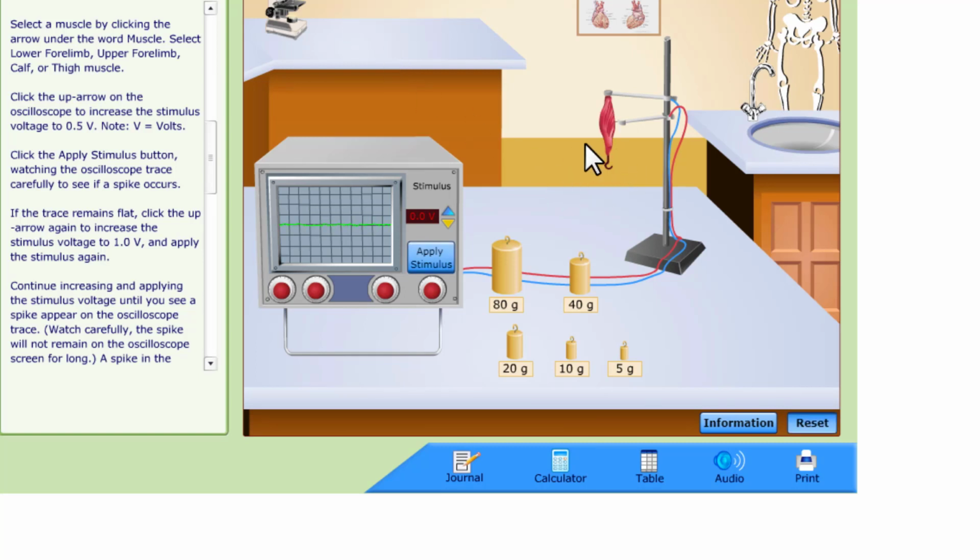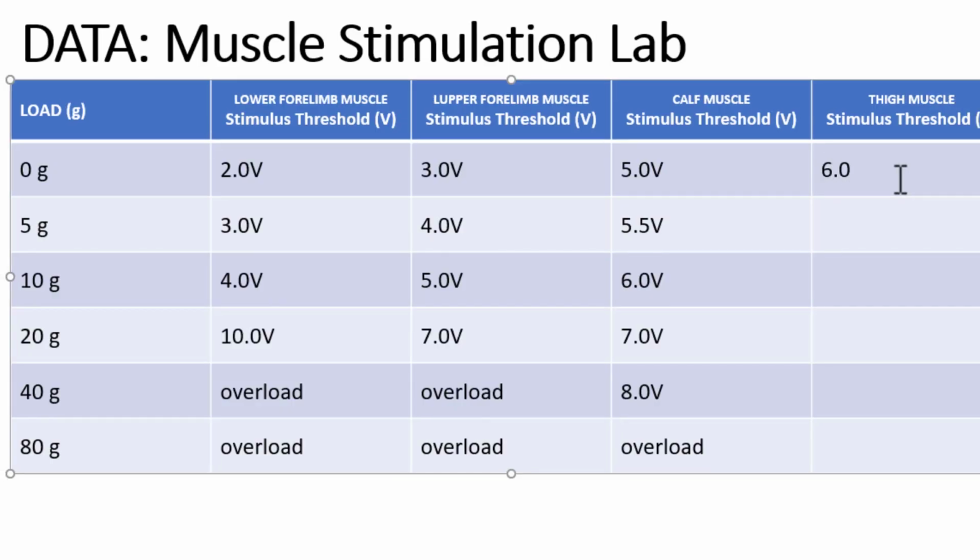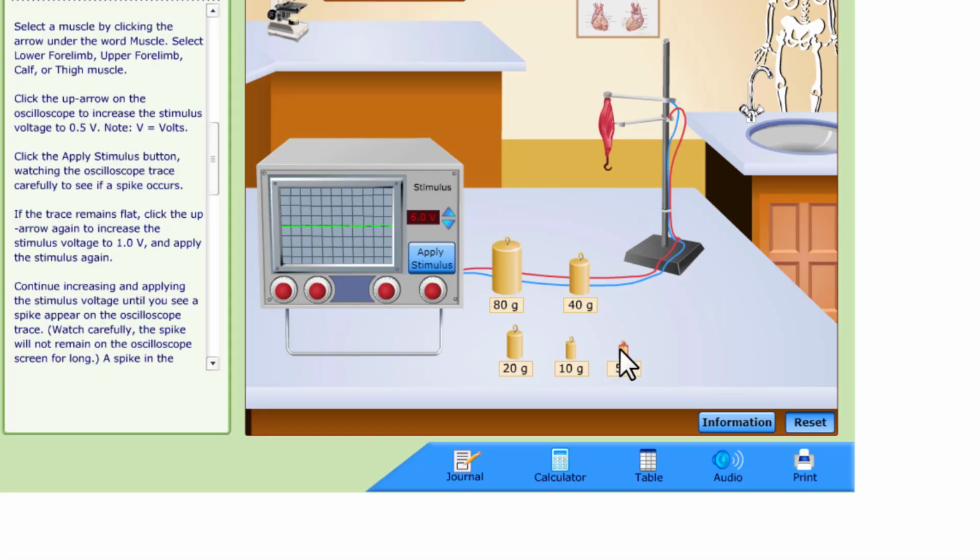Starting with no load, let's find our threshold stimulus. Our threshold stimulus for this thigh muscle with no load is 6 volts. Let's begin adding our weights, starting with the 5-gram weight.